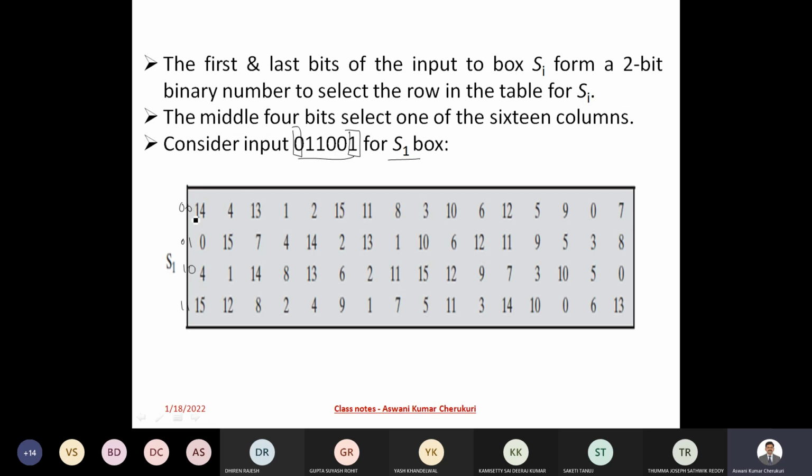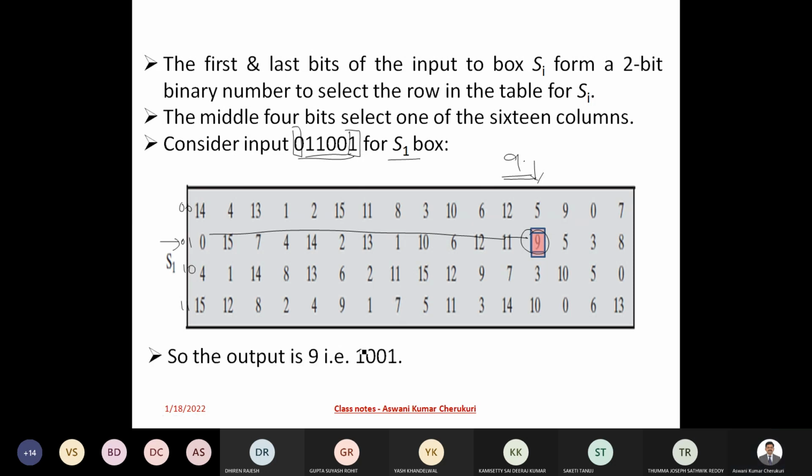You go to this particular row, and the middle bits 1100 take you to that particular column. The corresponding number is your output, 9, and the binary value is 1001.